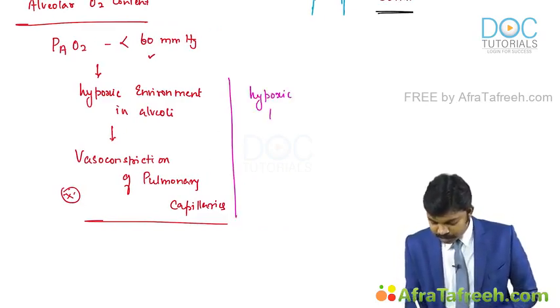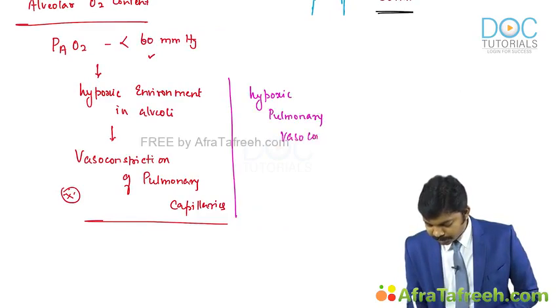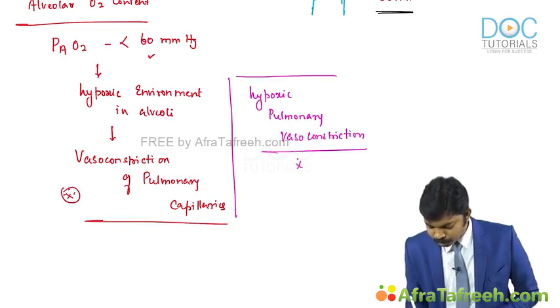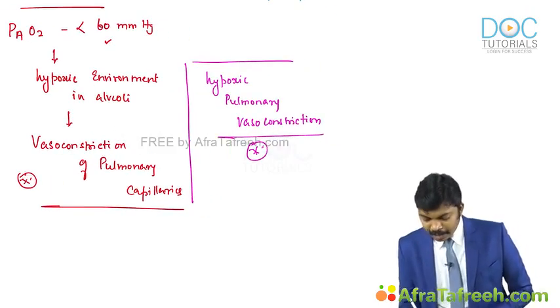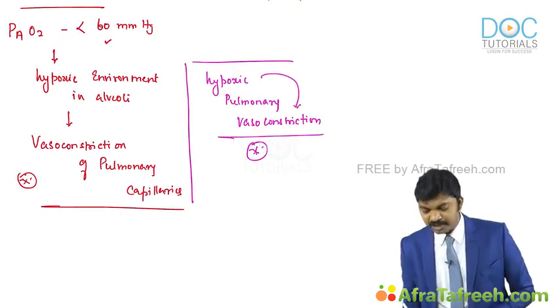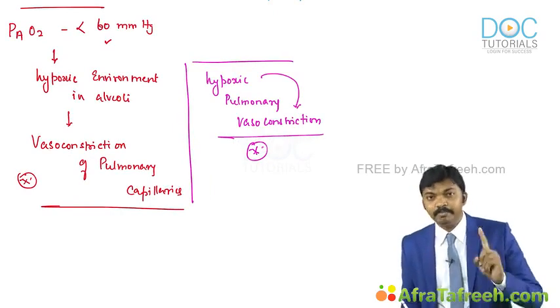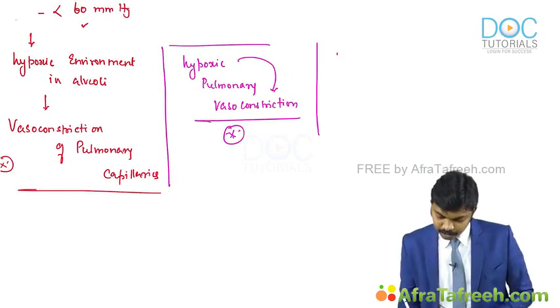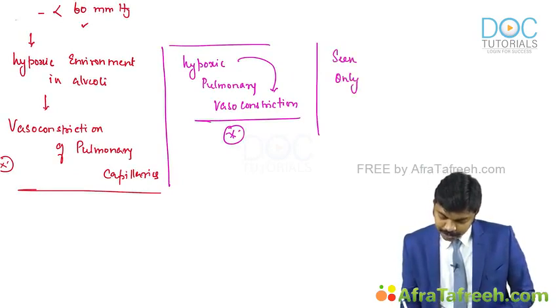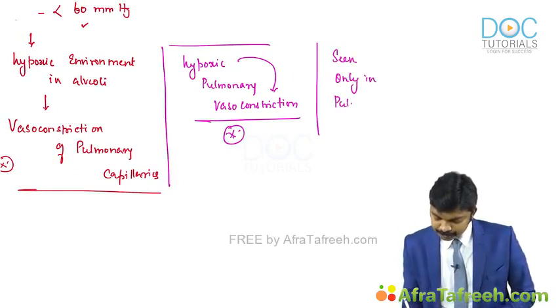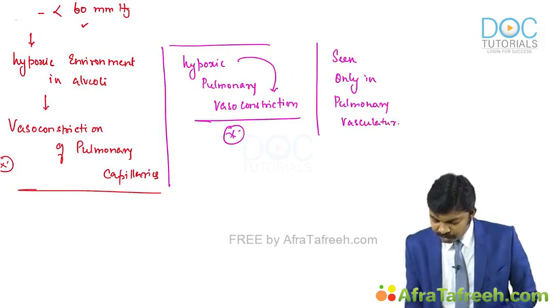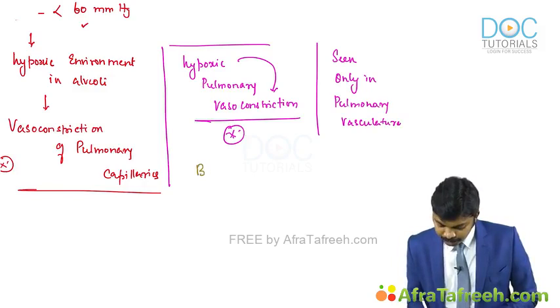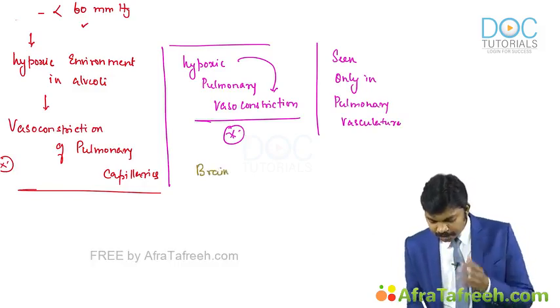Number one, hypoxic pulmonary vasoconstriction. This is a protective mechanism, doctors, and the most important point: hypoxia-induced vasoconstriction is seen only in pulmonary vasculature. Everywhere else, take any other organ: brain, liver, heart.